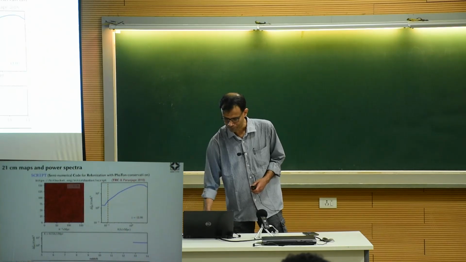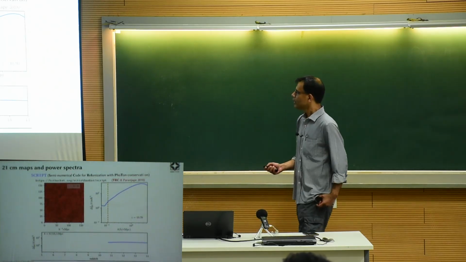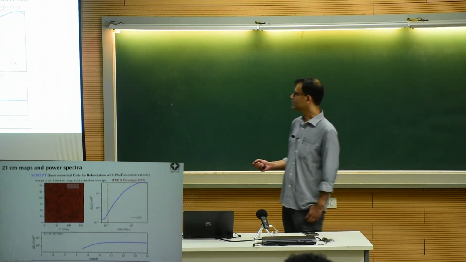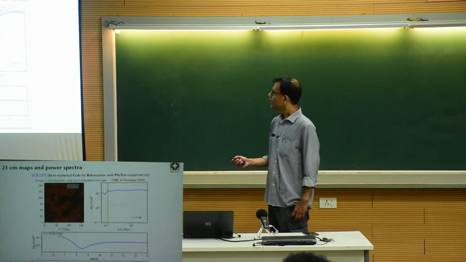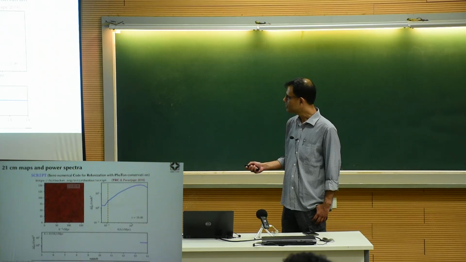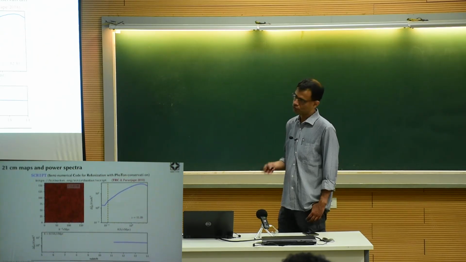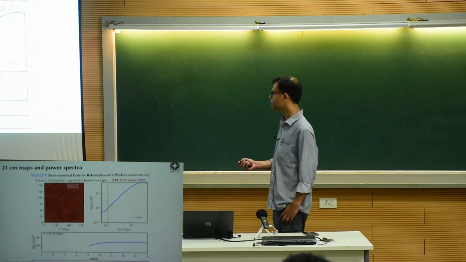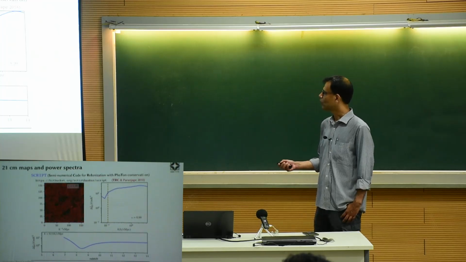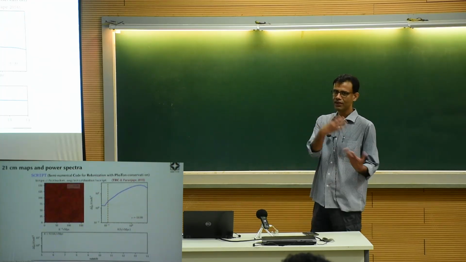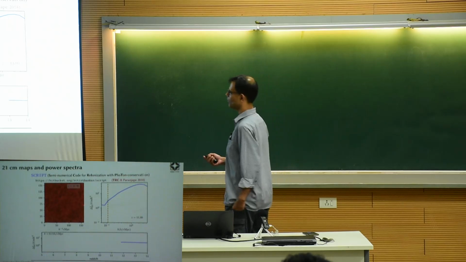The thing one is actually trying to measure is not directly these maps, because getting these maps would really take a lot of data. Rather, some statistical quantity like the power spectrum. Again, we come back to the correlation function and power spectrum.